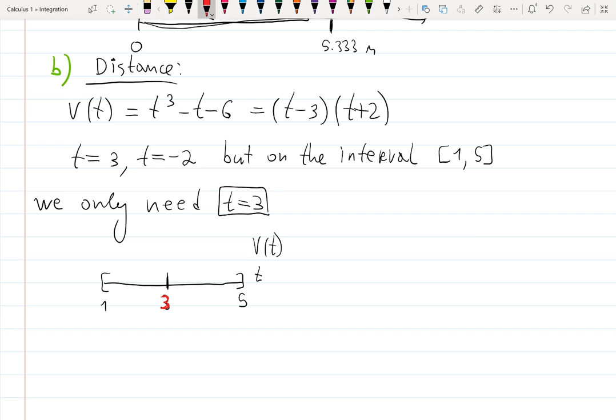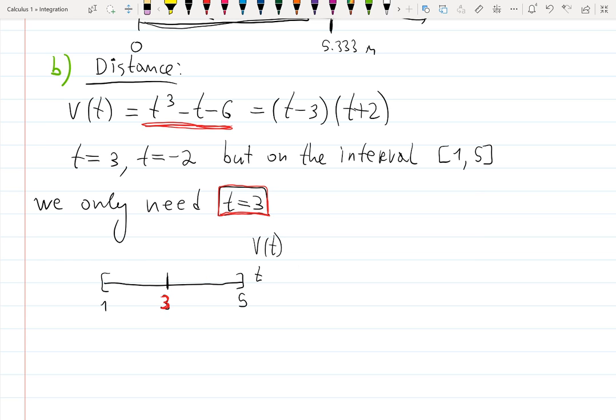Velocity may be positive or negative, but at 3 it touches the t-axis, not x-axis, t-axis. So at t equals 3, velocity is 0, because when you plug t equals 3 into this equation, v is 0. So v actually is a quadratic function, and at 3 it's going to be 0. Our job is to know whether it was positive, negative, or maybe both positive, or maybe negative, negative, and so on.